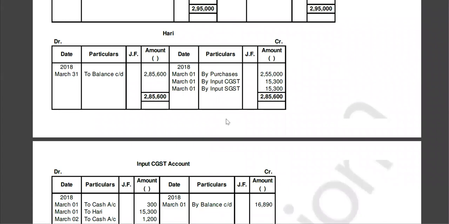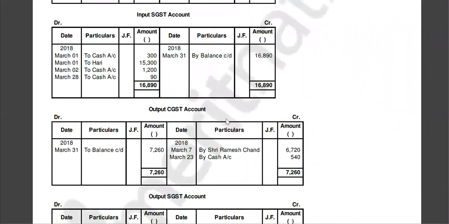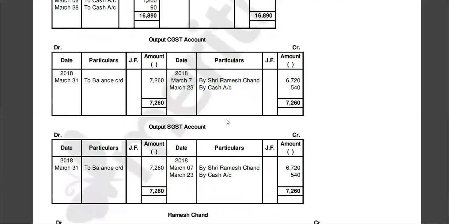Input CGST, input SGST, output CGST, output SGST. So input CGST, SGST at the time of purchase, output CGST, SGST at the time of sales.